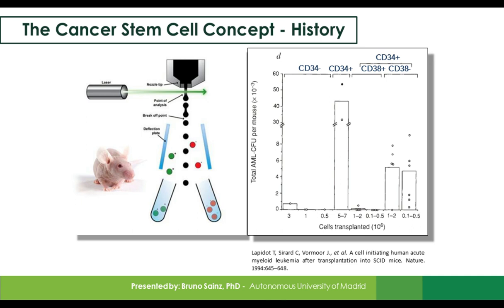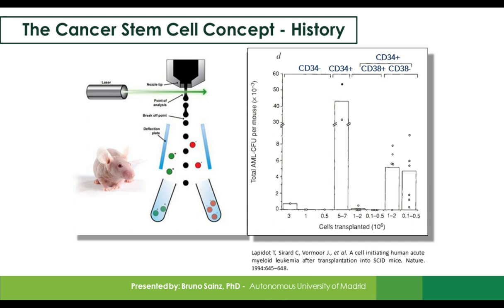So you can see here on the right one of the experiments and figures from their paper. You can see that the authors isolated both CD34 negative and CD34 positive AML cells via flow cytometry using antibodies against CD34. And you can see very nicely that only the CD34 positive population are the cells that are tumorigenic, or have the capacity to form tumors in immunocompromised mice.